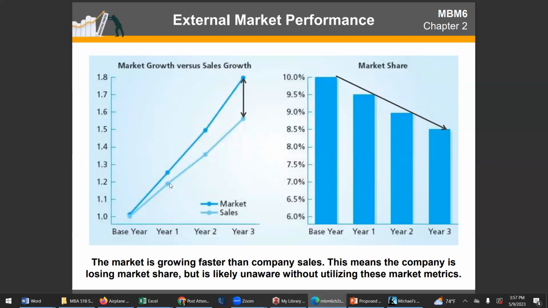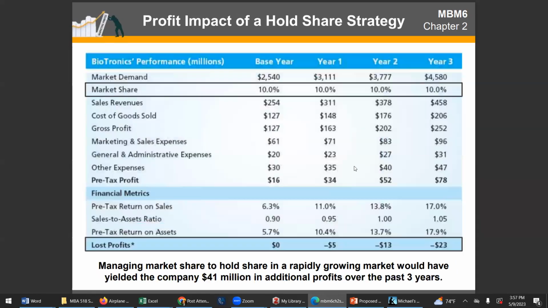So while again, we could in isolation say, sales are going up, things are great. Well, not so much, because we're growing slower than the industry and we're losing share to our competitors. Okay. So not necessarily the rosy picture that we had initially thought.